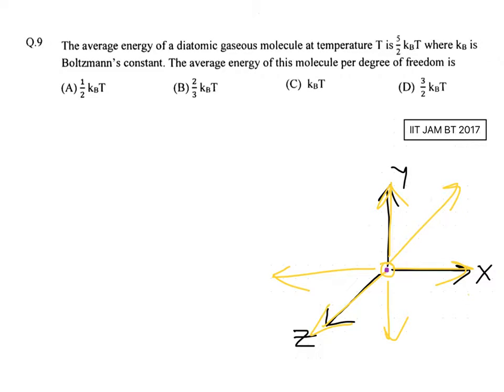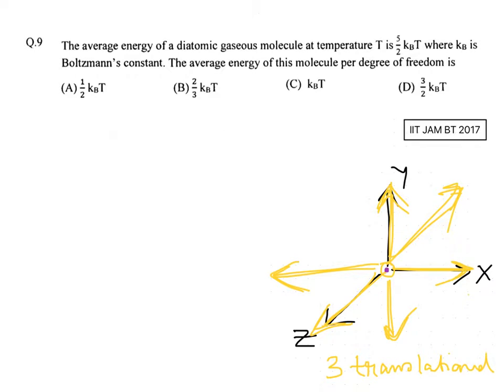That is along x direction, along y direction, and along z direction. That means a monoatomic gaseous molecule has 3 degrees of freedom, and these 3 degrees of freedom are translational degrees of freedom.